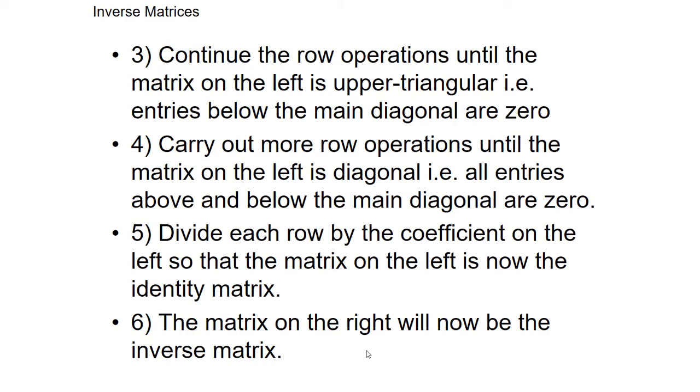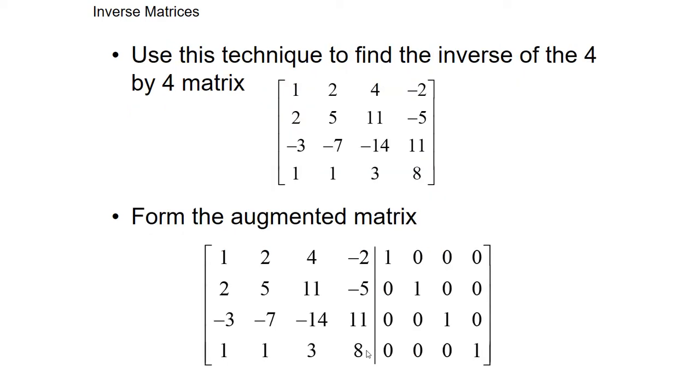So let's see this in terms of, say, a 4 by 4 matrix. So here we have a 4 by 4 matrix, 4 rows, 4 columns. There doesn't look anything particularly special about this matrix. We form the augmented matrix by writing the 4 by 4 identity matrix on the right here.